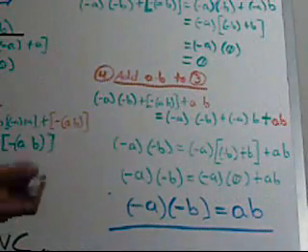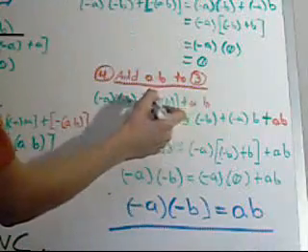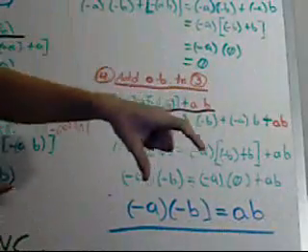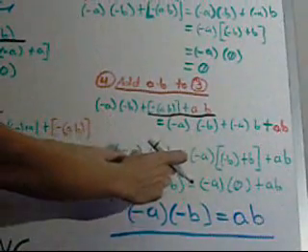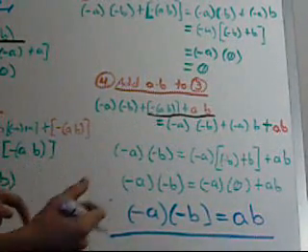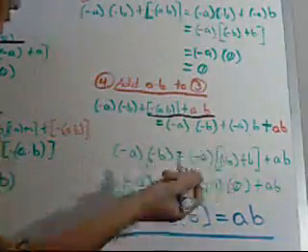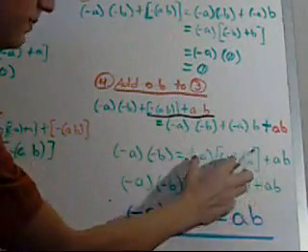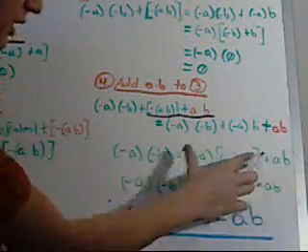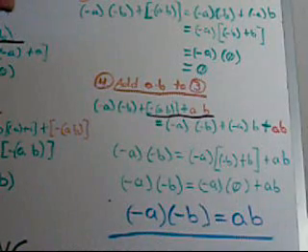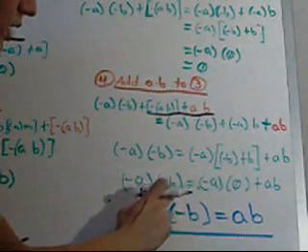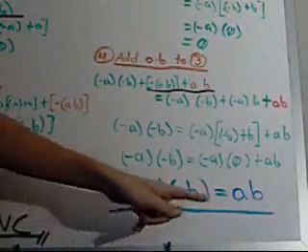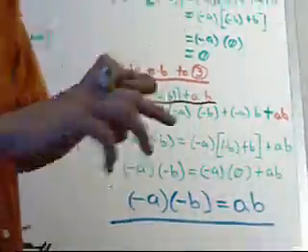Now, as before, this is the positive product and this is the negative product, so these are going to cancel each other out, and I'm going to have (-a) × (-b) on one side, and on the other side, I'm going to do the factorization with the distribution law. The -a, I'm going to factorize -b + b, and this whole thing is 0, okay? So (-a) × (-b), and this is 0, is going to be ab. So we just proved what we wanted to prove, that (-a) × (-b) is equal to ab, positive.